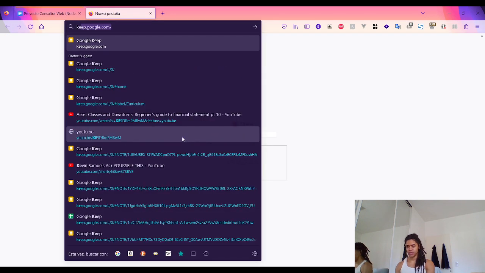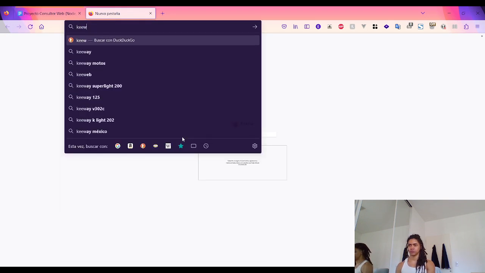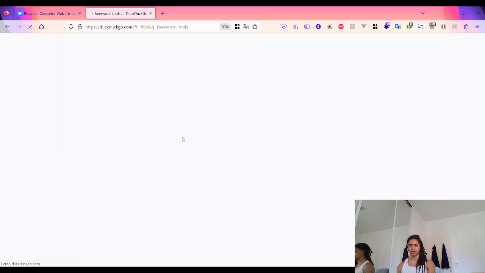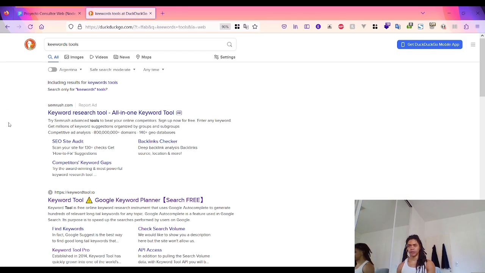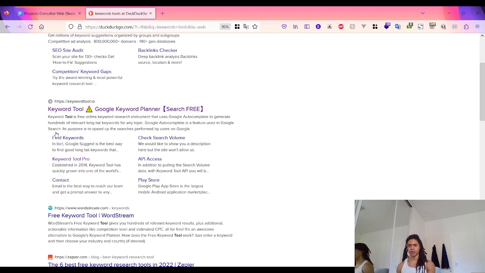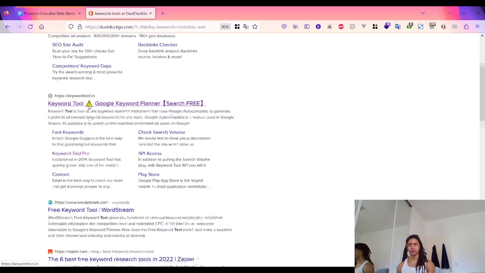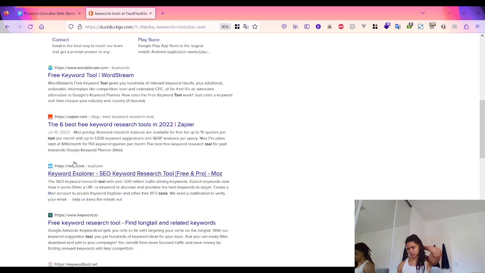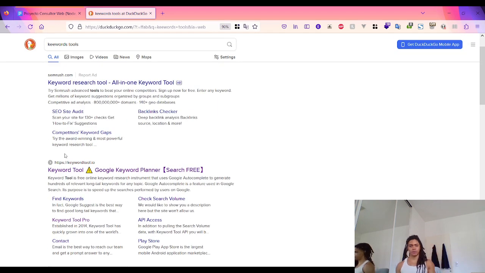So there you have several keyword tools. You have one from Google, you have keyword research tools like keywordtool.io, WordStream, Zapier mentioned also. But you're going to do this keyword research again to get a clear idea of what's going on in that industry.